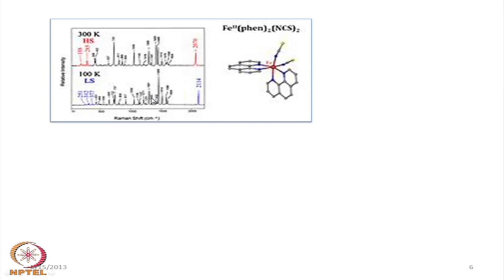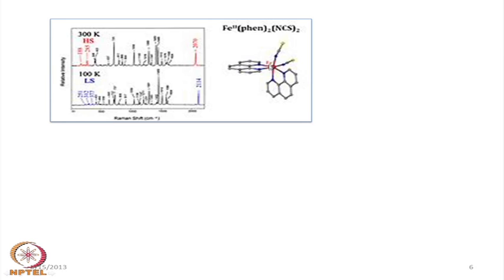That means the LS form can be generated at 100 Kelvin, and as we go up, we have seen that around 185 Kelvin the spin transition takes place from low spin to high spin, and there we get the corresponding signatures for the high spin signals. High spin signals appear because the number of electrons occupying the different d levels is different, in the case of this particular iron center also.